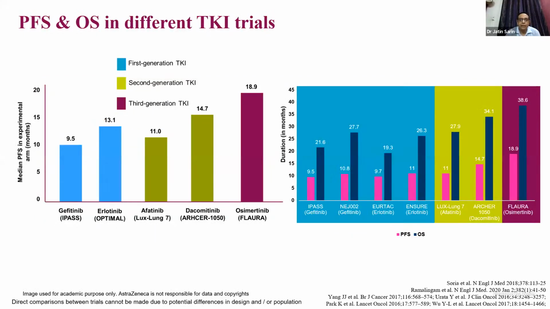And this compares PFS and OS in different TKIs, including first, second, and third generation TKIs, and you can all see these bar graphs. 18.9 months was the PFS, and 38.6 months is the OS, and these are all in the first line.